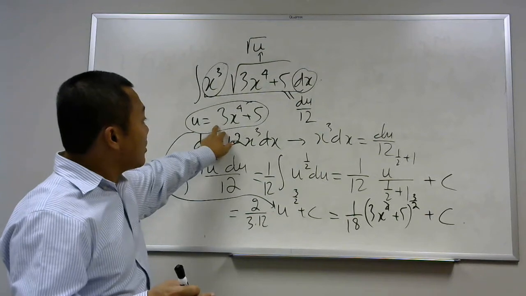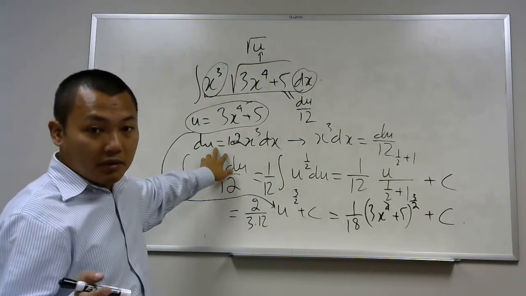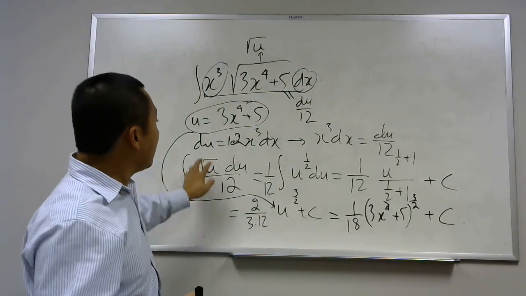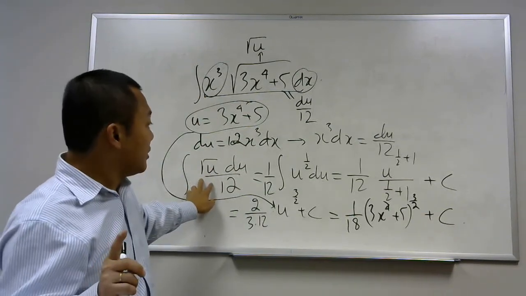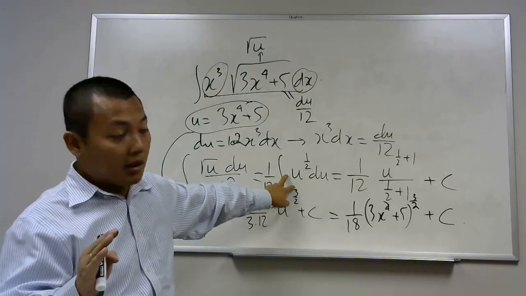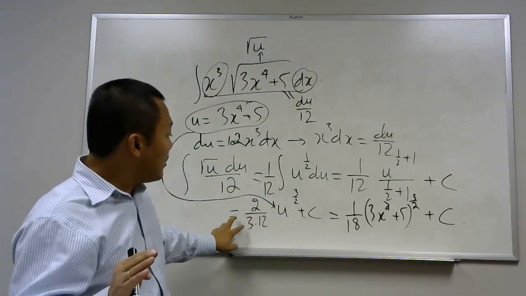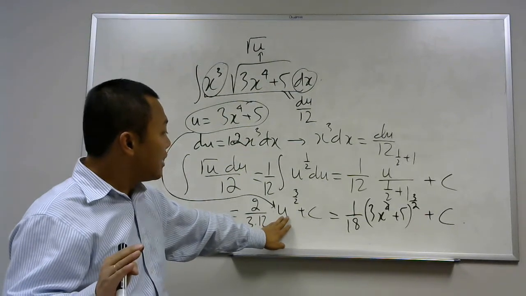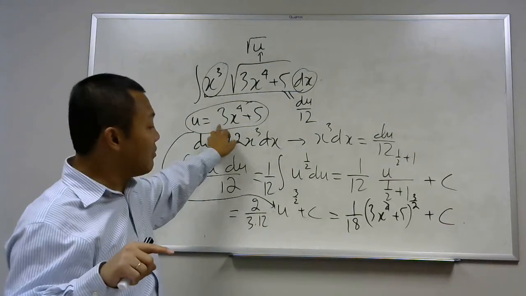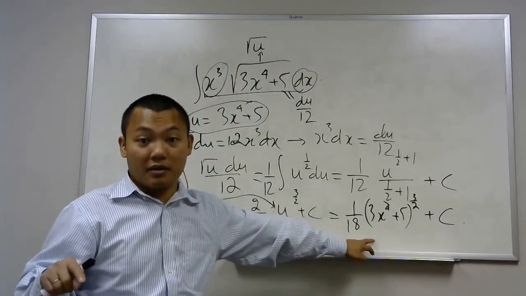We pick a good substitution, we find the differential, the derivative, we rewrite the original integral in terms of the new variable. We evaluate the new integral with respect to the new variable, and then finally, once we get the answer, we have to use the substitution. We have to substitute it back here to get the final answer in terms of x.